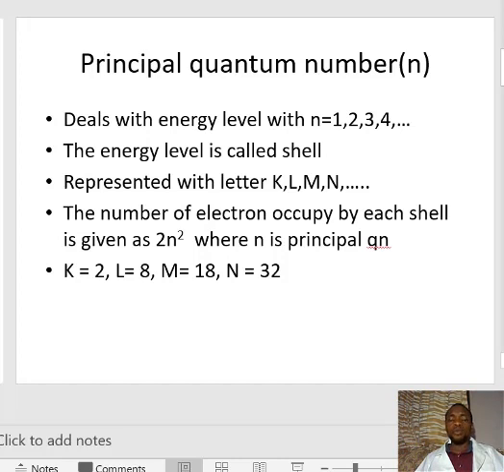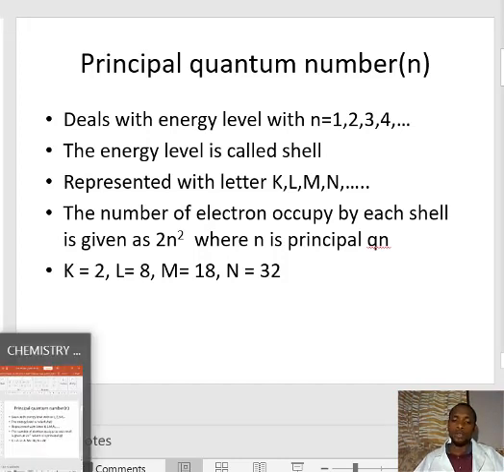Each energy level has a certain number of electrons that it can occupy. The number of electrons that each shell can occupy is given as 2n squared, where n is the principal quantum number, that is 1, 2, 3, 4, and so on and so forth.